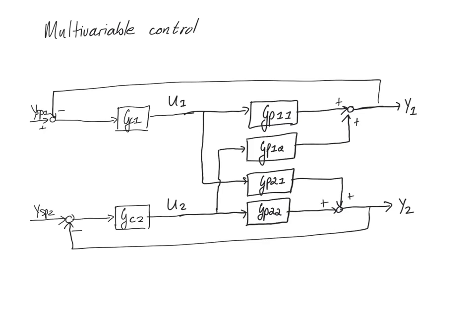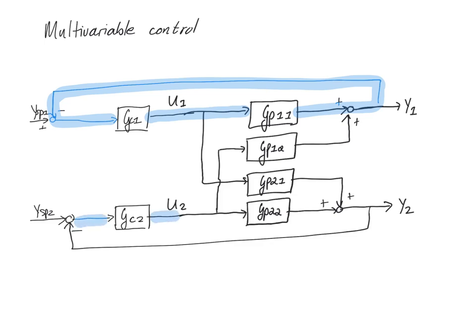So I'm going to indicate the primary loops over here. This is the first primary loop, and this is the second primary loop. We call these primary loops because this is what we intend to happen. And then there are unintentional coupling loops, which go along here.